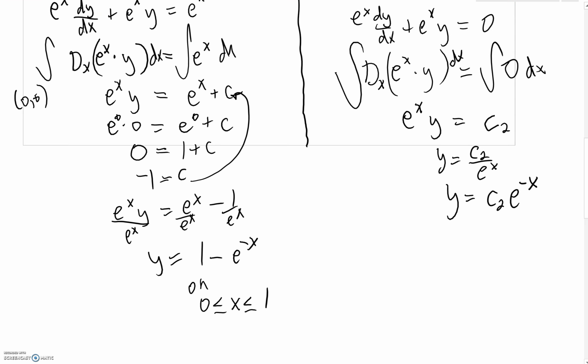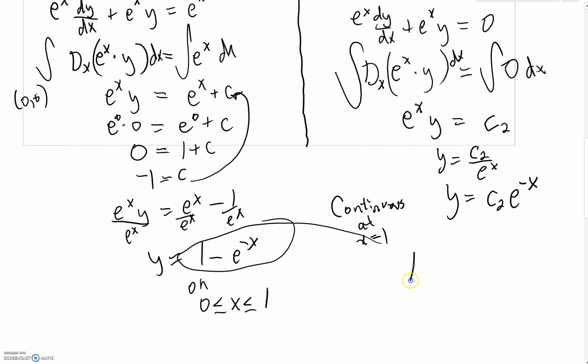So what are we going to do? We're going to say to be continuous at x equals 1, if I plug in a 1 here, we will be able to say that 1 minus e to the negative 1 should equal this thing right here at x equals 1. That's the separation point.